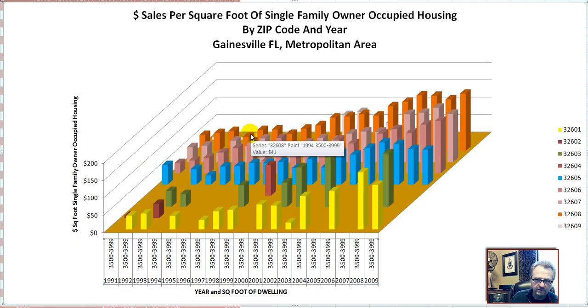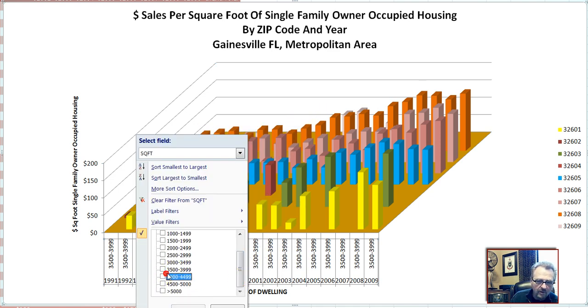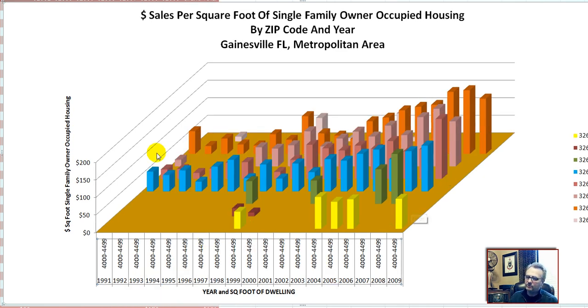Again, it appears that 32608, for houses in the 3,500 to 4,000 square foot range, has performed the best qualitatively. And let's go even larger. What I aim to demonstrate here is how we can use GIS to package the data and then to bring the data into other software programs so that we can qualitatively interpret. 32605 is a great submarket for houses between 2,000 and 3,000 square feet, but not a great submarket for houses that are over 4,000 square feet.